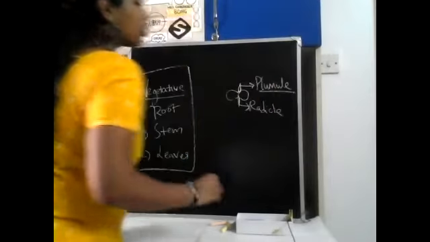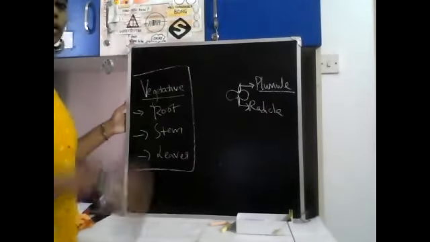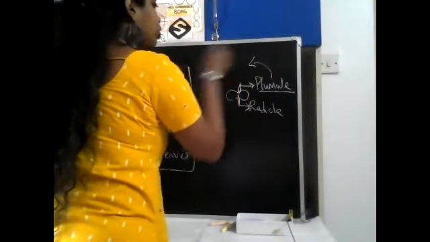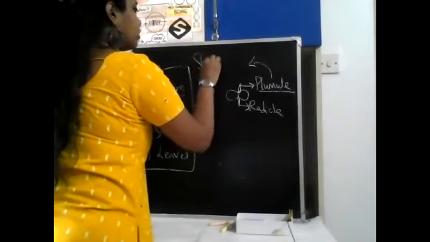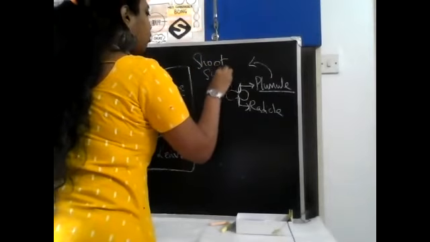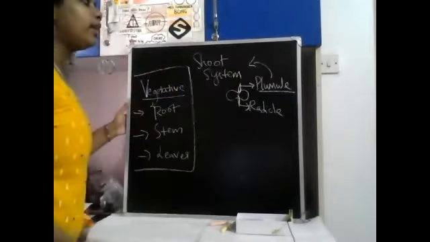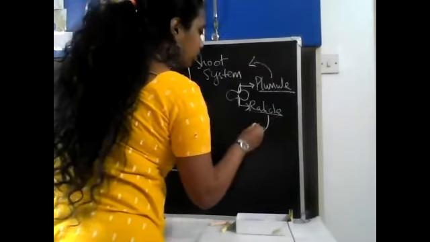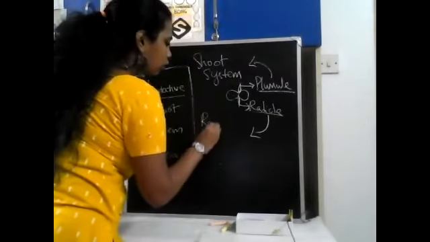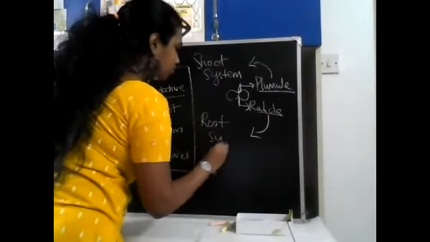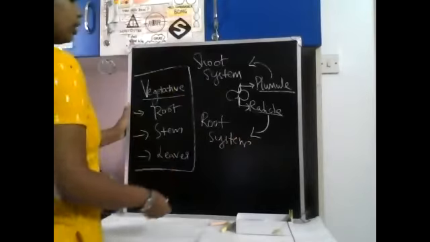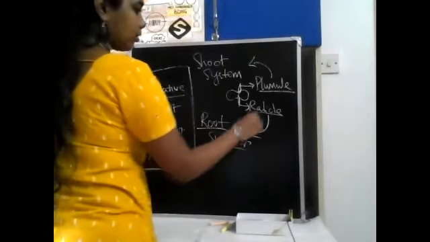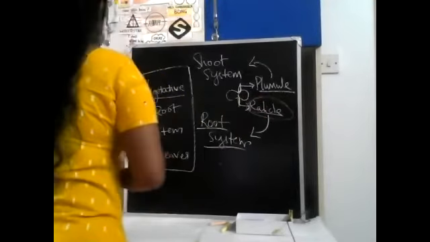Plumule is the portion that grows upwards when a seed germinates, and it results in the formation of shoot system. Everything that is above the land is called shoot system, and radicle gives rise to root system. So we'll talk about this root system that arises from the radicle when a seed germinates.